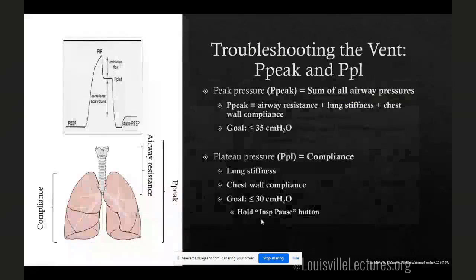There's a button on the vent called inspiratory pause, INSP pause, and if you hold that, especially on volume control, for about half a second to 1 second, you will see in the upper right-hand corner a number generated. That's your plateau pressure. And that's how you gauge whether or not your therapies and your ventilator settings are appropriate.